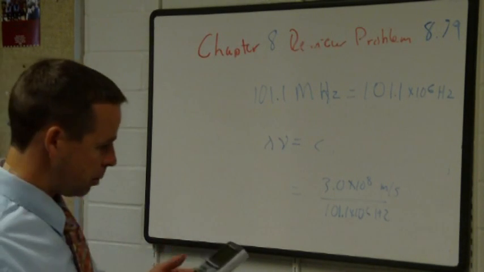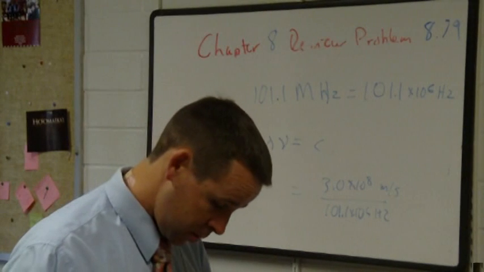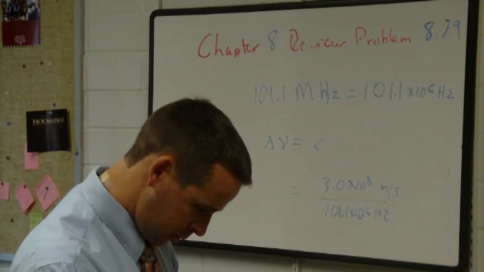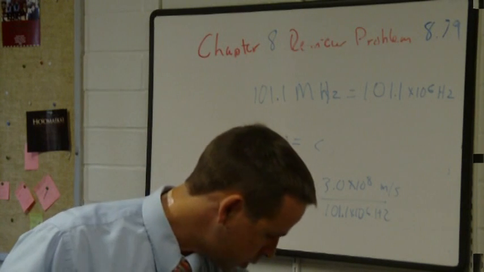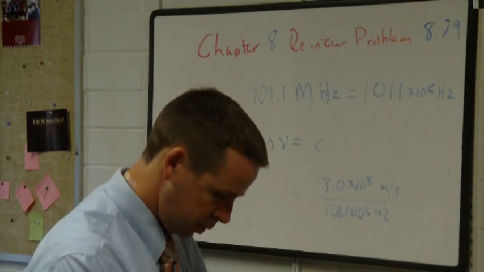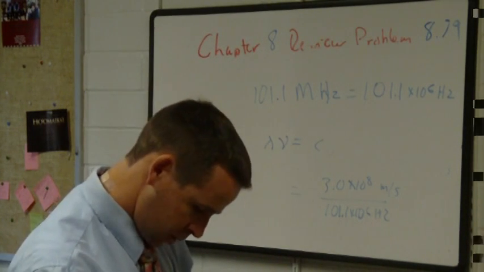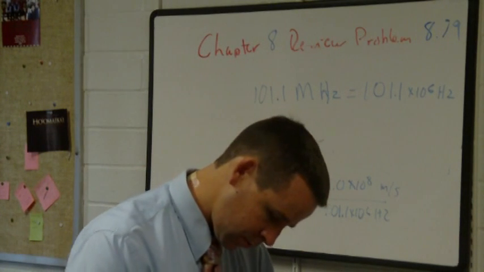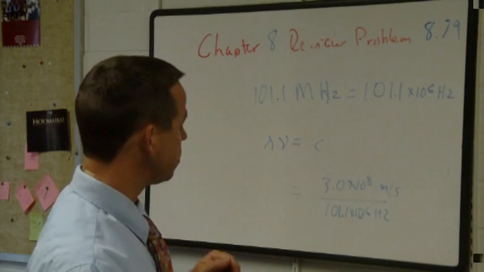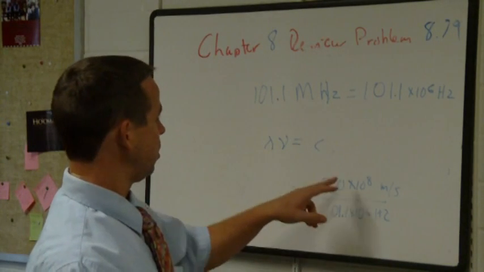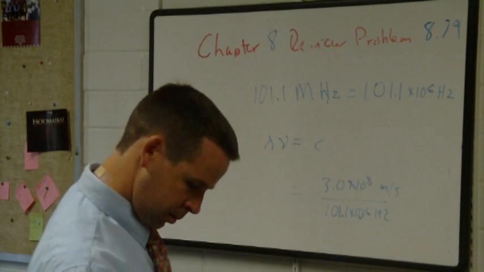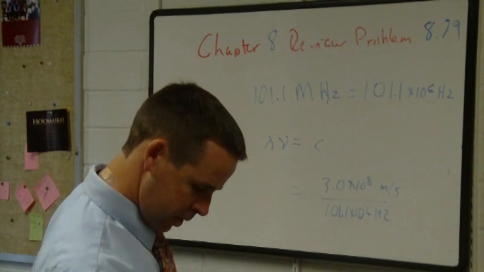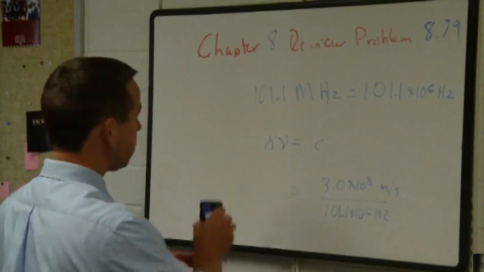Now I'm getting 2.967 meters. The book got 2.965. They must have used one more digit on their speed of light, maybe. Okay, so close enough.